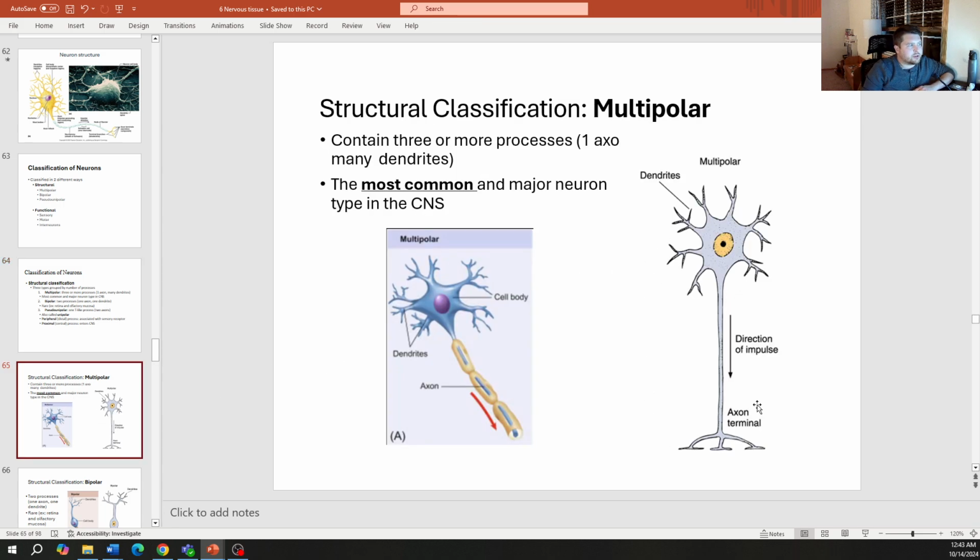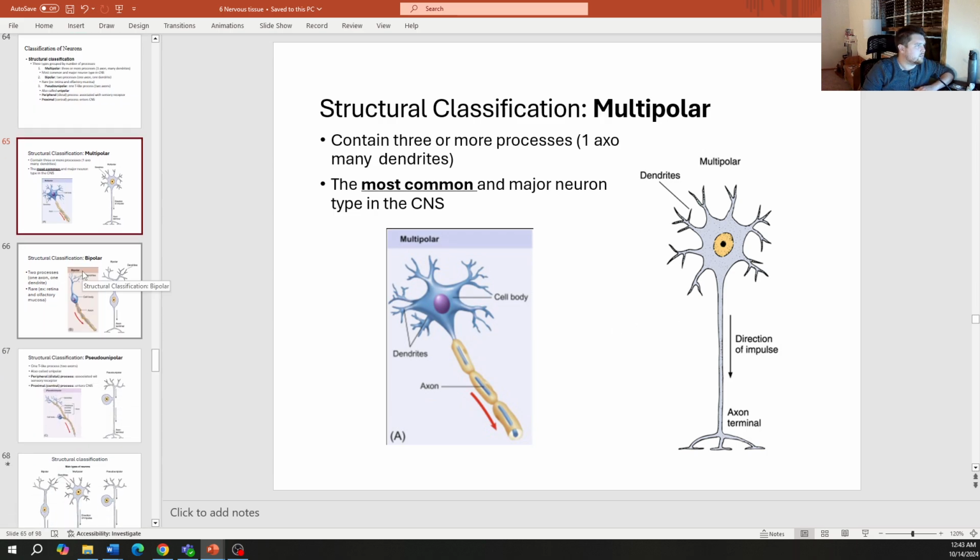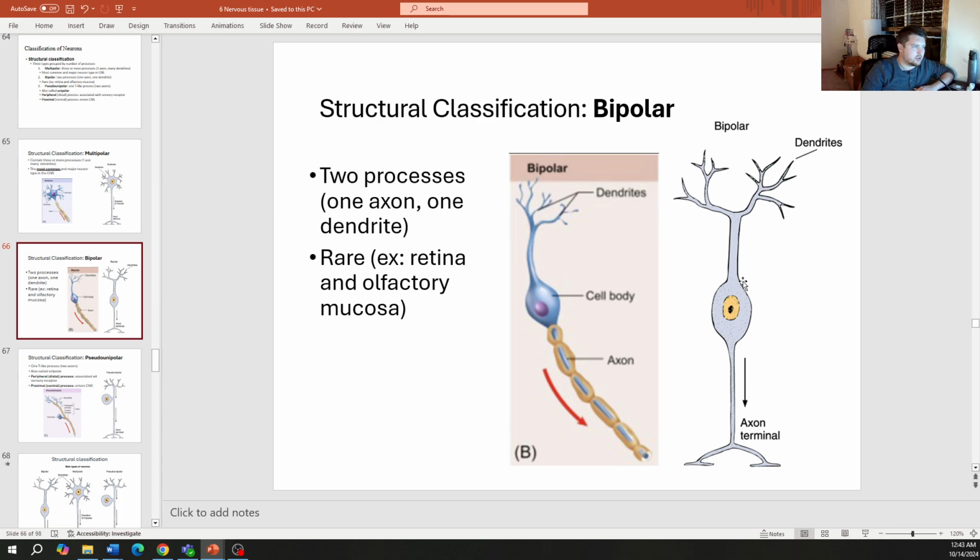Here is our multipolar. These are the most common and major neuron type in the central nervous system. You can see how it has 1 axon and a bunch of dendrites. Bipolar, the cell body is in the middle, and it has this 1 branch off of dendrites.